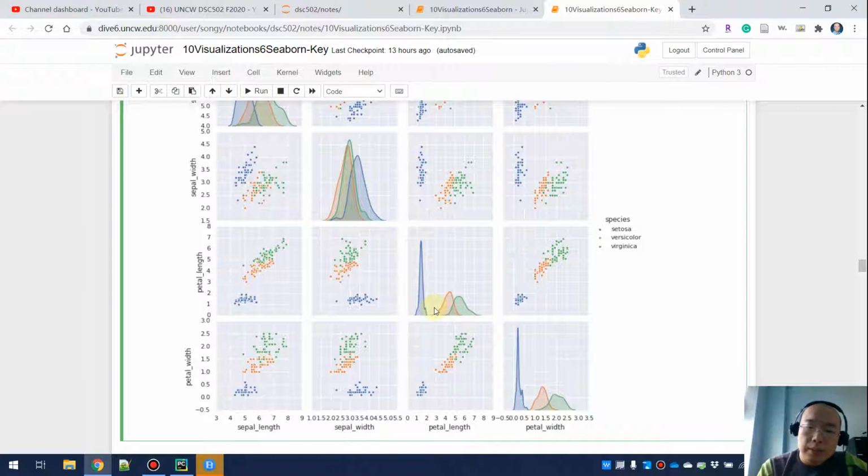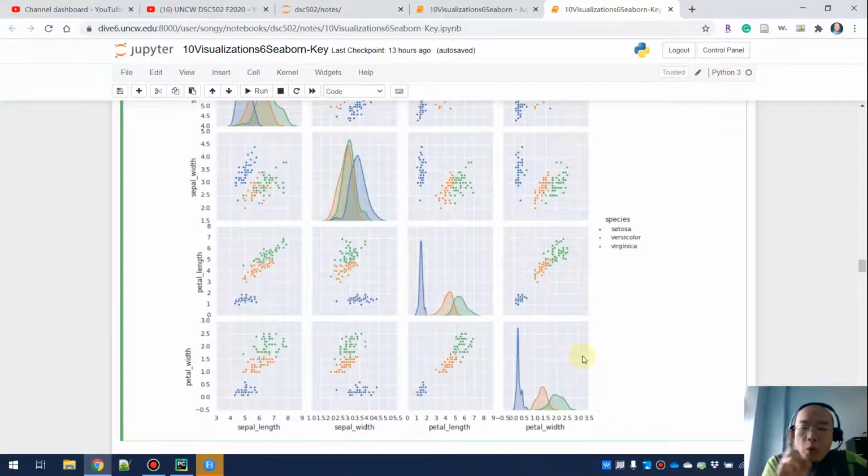Okay, so let's talk about the other 2 species. Now we are worrying about the orange and the green samples. And if I ask you, if you have to pick one more feature that gives us the best shot to tell the difference, how can we do that?